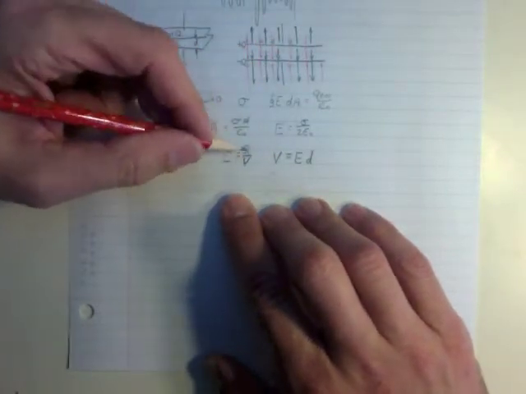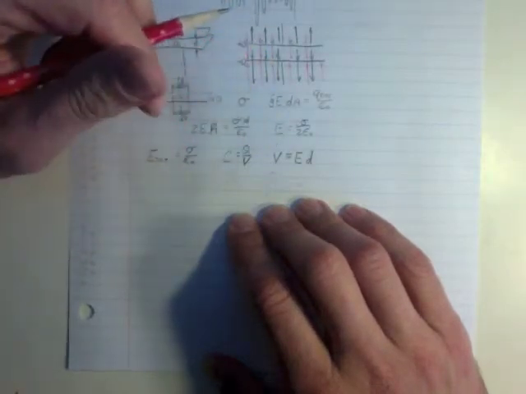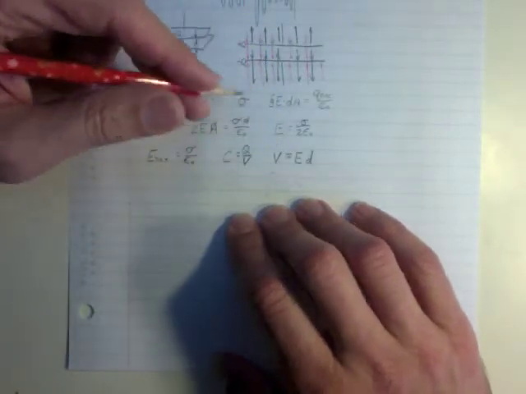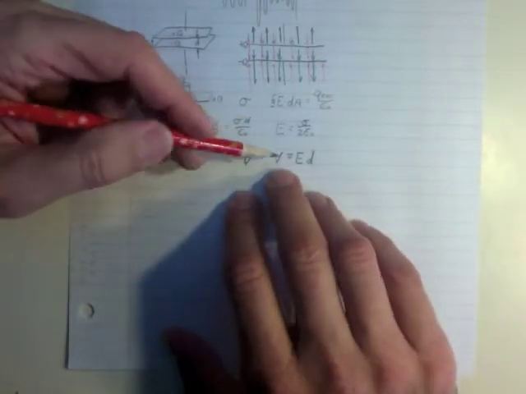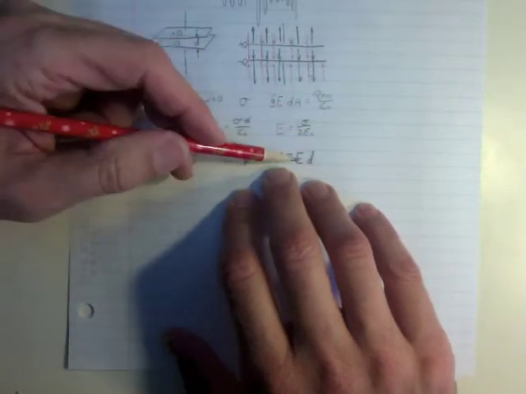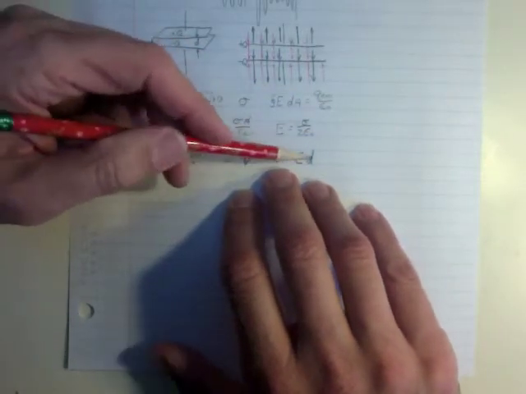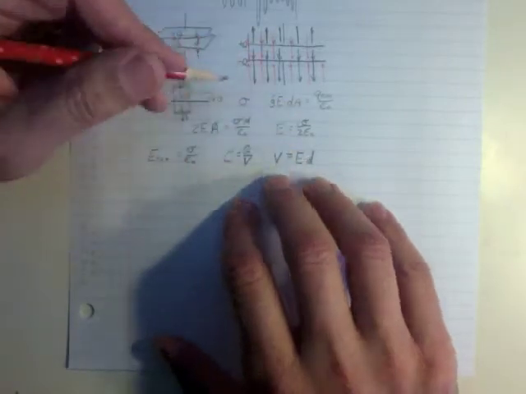It's not customary to have a negative capacitance. And by the way, voltage equals negative integral of E dr, and so if we have a constant electric field, we can take that out. It just ends up being ED.